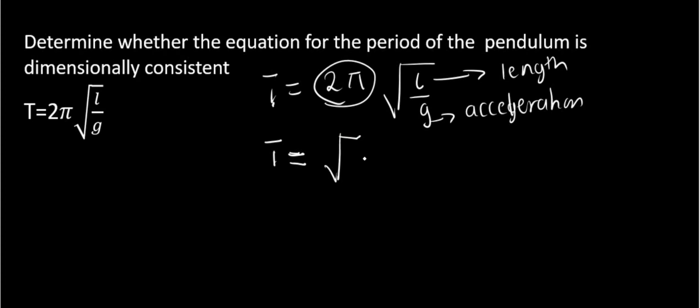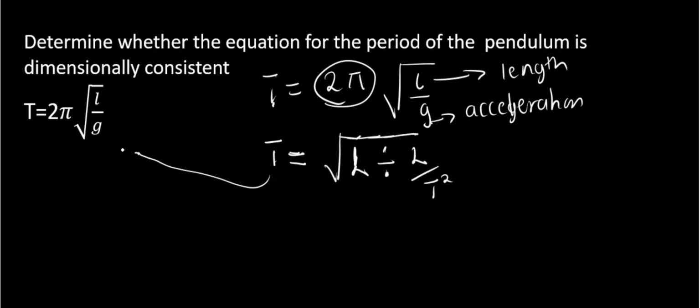The length is represented by L, just L, right? Then divide by the acceleration, which is represented by meters per second squared, which is length over t squared.